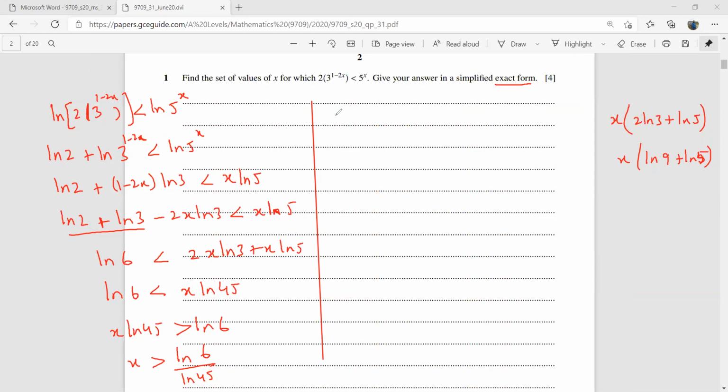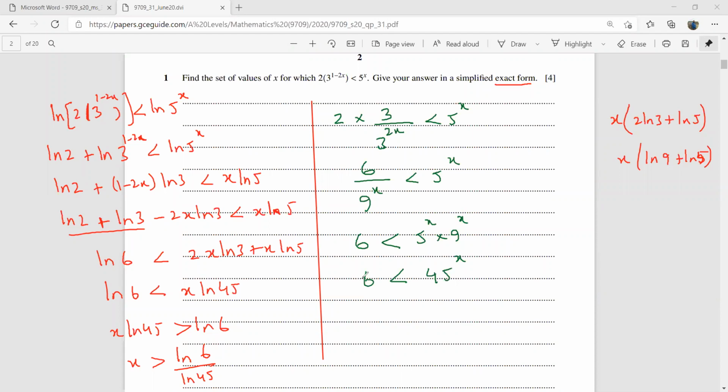We can write this as 2 into 3 over 3 raised to power 2x, less than 5 raised to power x. You can write it as 6 over 9 raised to power x is less than 5 raised to power x. Then you can write this as 6 is less than 5 raised to power x times 9 raised to power x. You see both have the same powers. You can write it as 6 is less than 45 raised to power x.